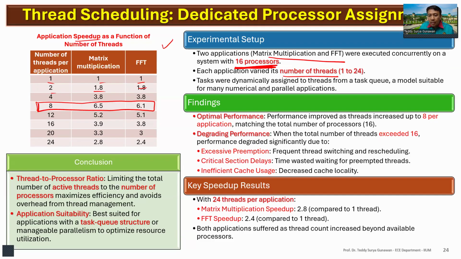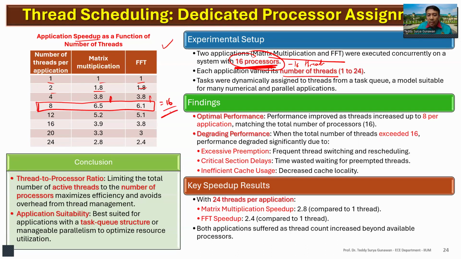The take is you need to limit the active threads to the number of processors. So if you have 16 processors that are able to create 16 hardware threads that run at the same time, this is 8 plus 8, altogether 16.